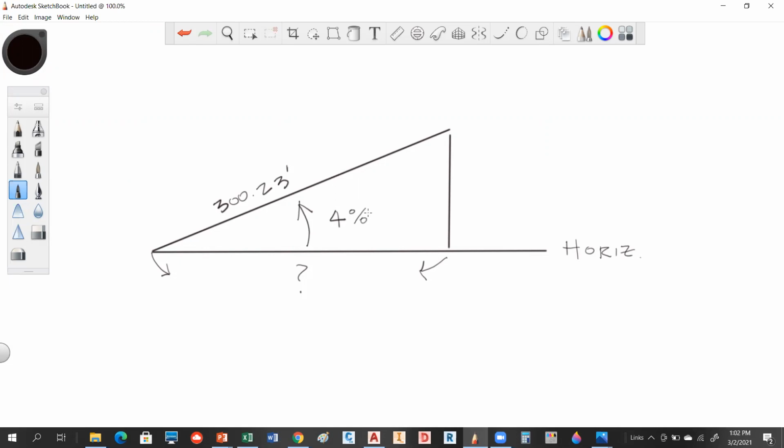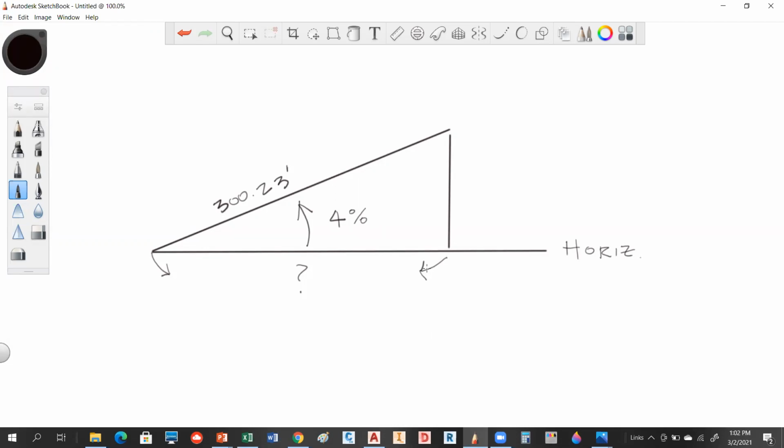And actually, does it tell me whether I'm going up or down 4%? Does it say that? It doesn't look like it. It doesn't. Does it really matter? No. No, because if we mirror image that triangle to be down here, I'd still have the same horizontal distance. Does everybody see that? So in this case, it doesn't matter.